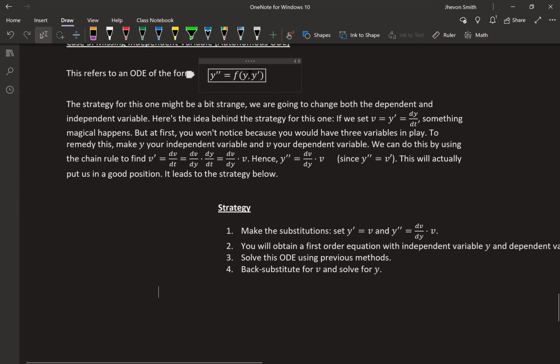When your independent variable is missing, you replace y prime with v, and you replace y double prime with dv/dy times v. This gives you a first order equation. Solve that equation, where y is your independent variable and v is your dependent variable. Once you solve for v in terms of y, you replace v with y prime and then solve for y.